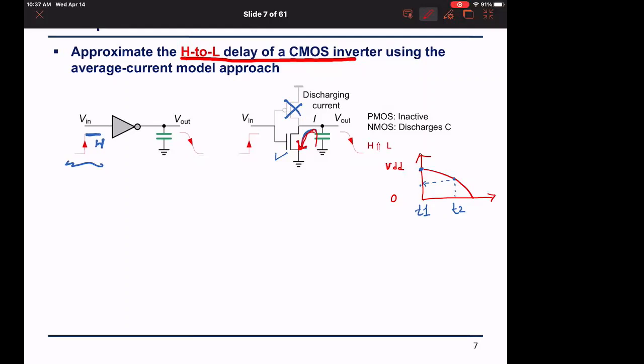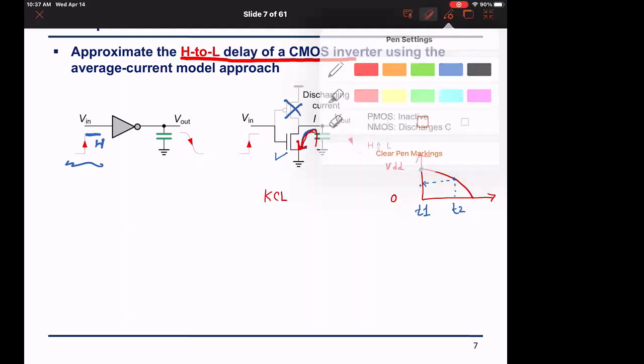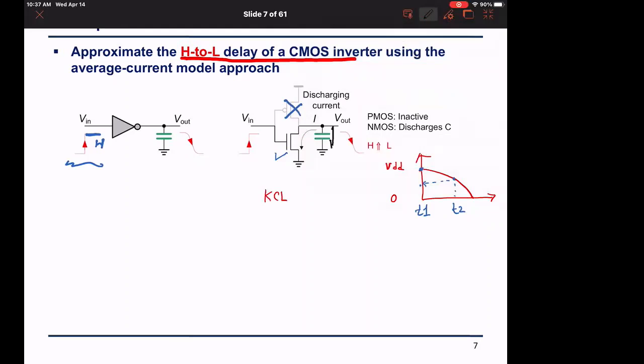Therefore, if I want to apply KCL and look at IC here, this is IC and this is IN, I will have IC plus IN equals 0, and basically IC equals minus IN.